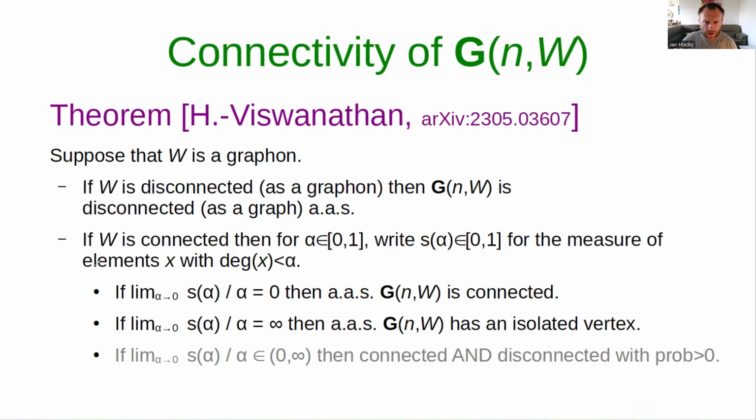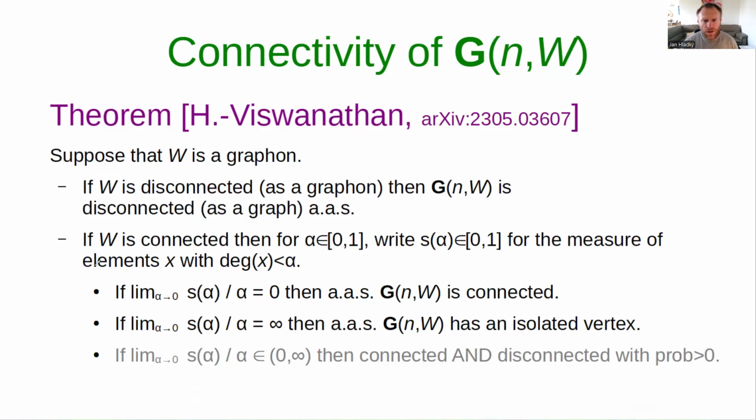If W is connected, we define S alpha. Actually, we don't need W to be connected. We define S alpha to be the measure of points with graphon degree below alpha.